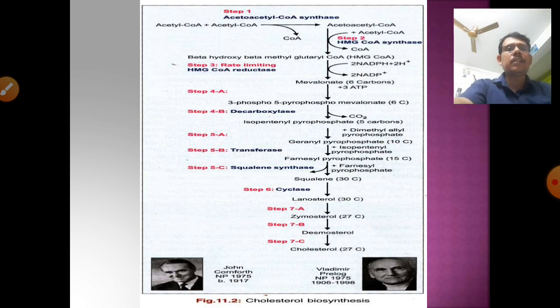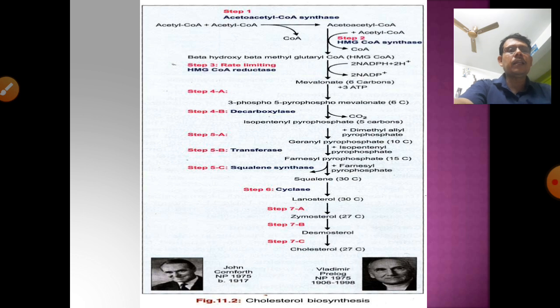In the next step, another acetyl CoA is incorporated in the presence of HMG CoA synthase, which is the key regulating enzyme, forming beta-hydroxy beta-methylglutaryl CoA.